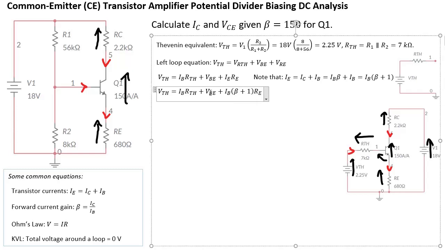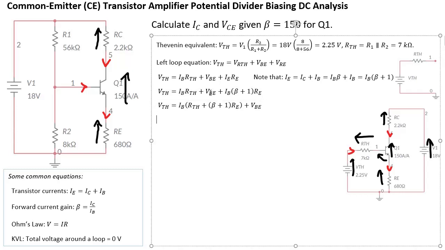Then collecting IB together, VTH is equal to IB times (RTH plus (beta plus 1) times RE), and then all of that you add with VBE.